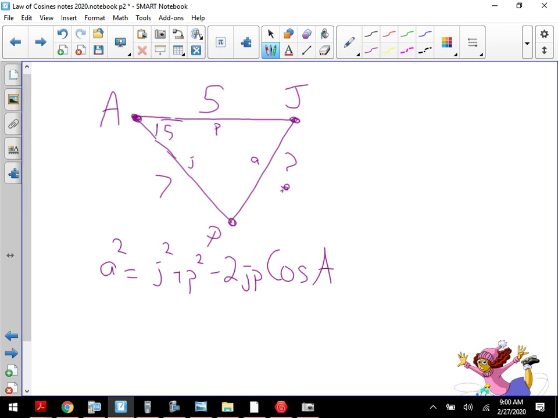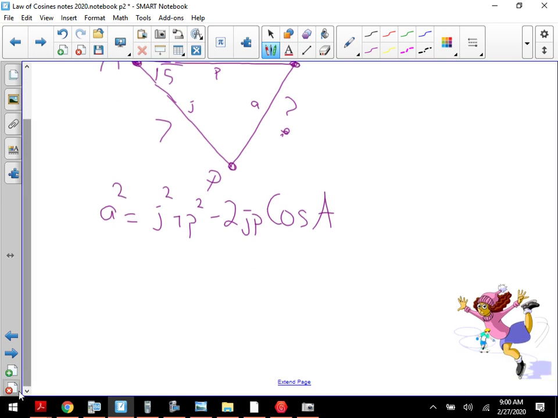Honestly, it doesn't matter which one's which. It'll still work. So I do 7 squared plus 5 squared minus 2 times 7 times 5 times the cosine of 15.